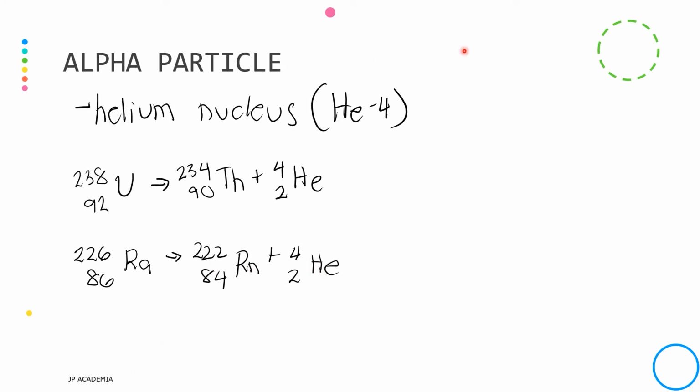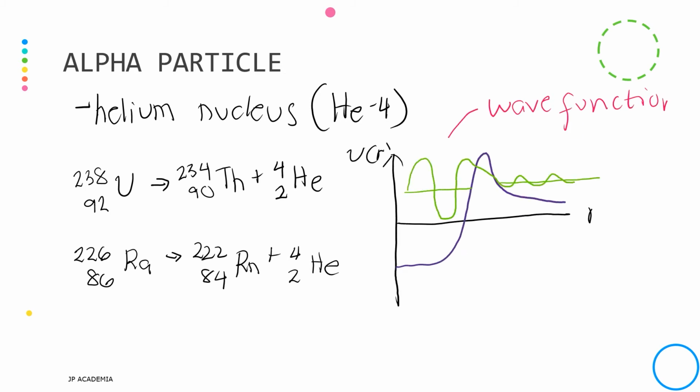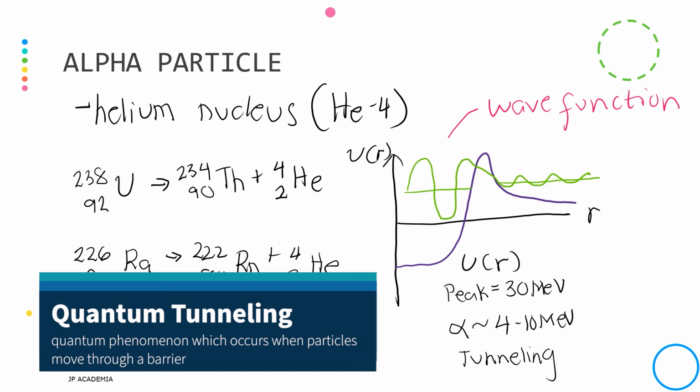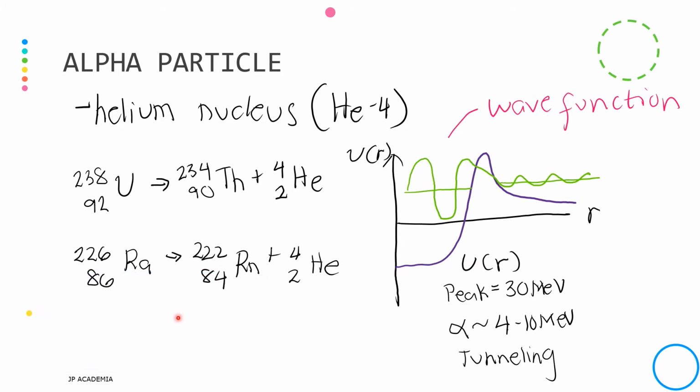One interesting phenomenon in alpha decay is quantum tunneling. The nuclear force acts as a square potential well, as shown. This is the square potential well, the violet graph here, and it traps the alpha particle in the nucleus.